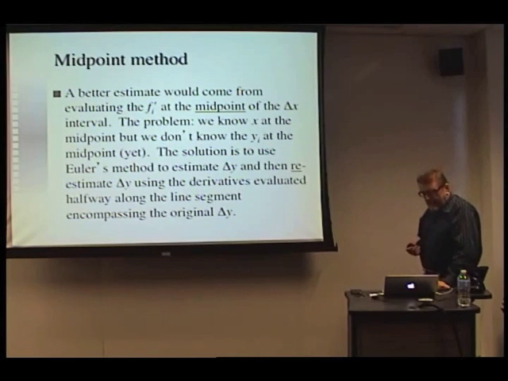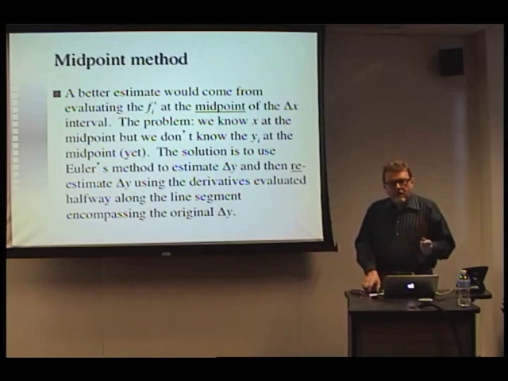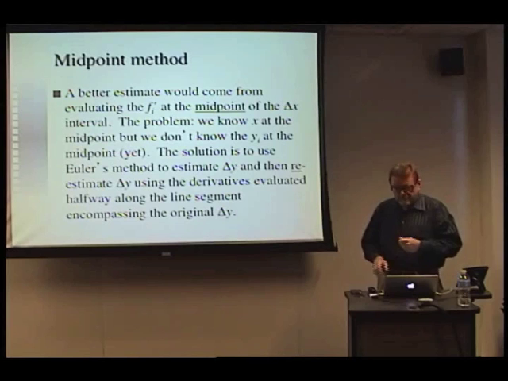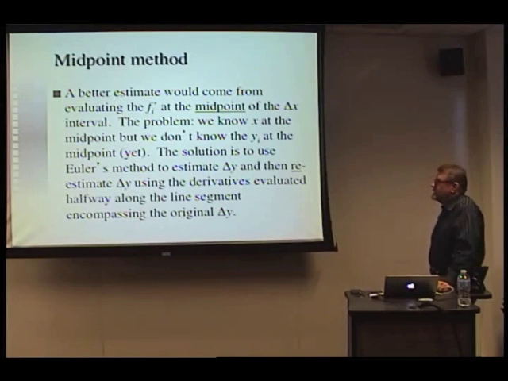Okay? Now, we know the value of x at the next interval, but we don't always know the values of y, right? We're trying to integrate y. And so, of course, when we have an analytical solution, we do have it.